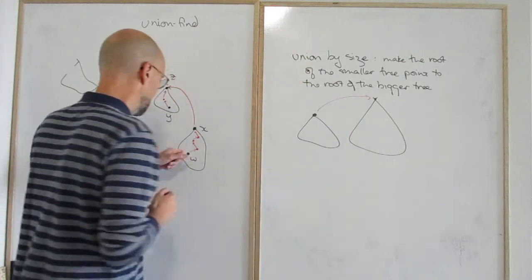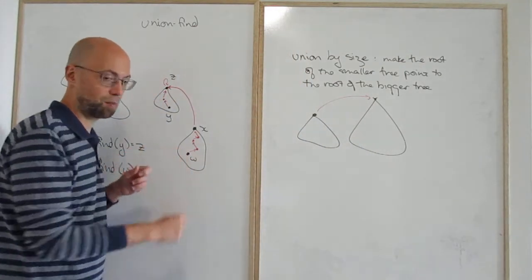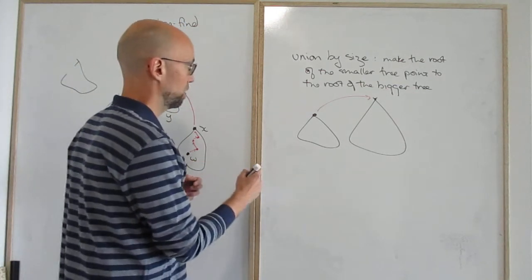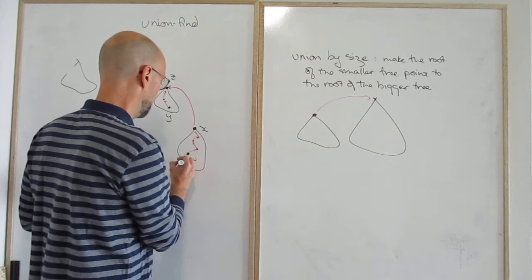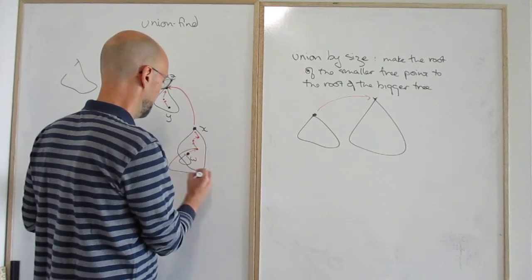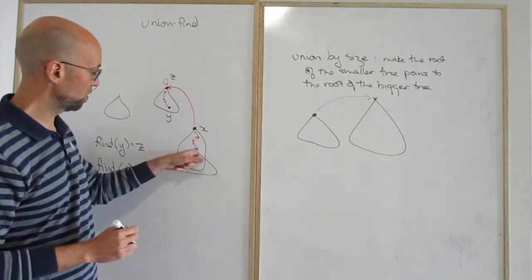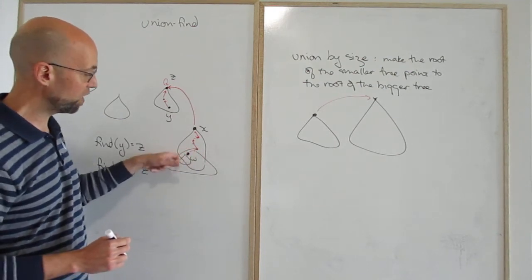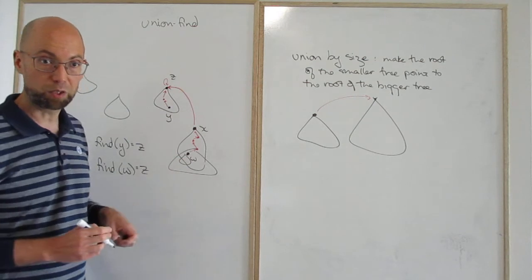Because here, W had some little tree, and once I've unioned, this tree was bigger, so the two trees together are at least twice as big as W's tree.